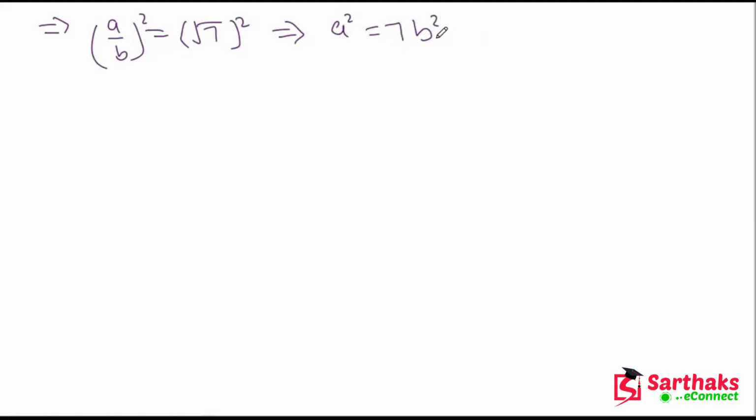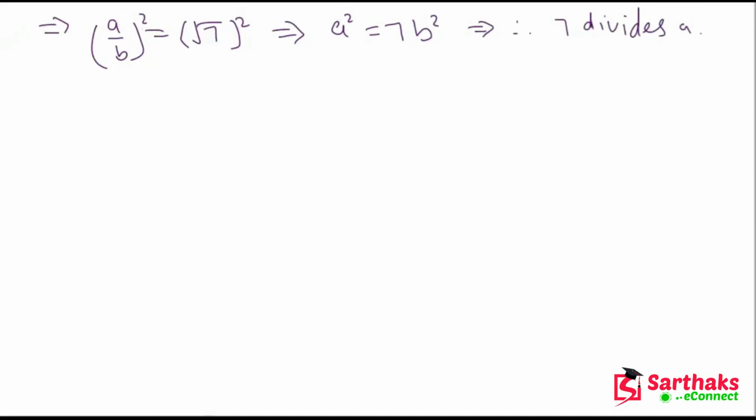Because from this, 7 divides a square, so 7 can also divide a by the first theorem we already learned. You have to follow just these steps and then you can solve easily.